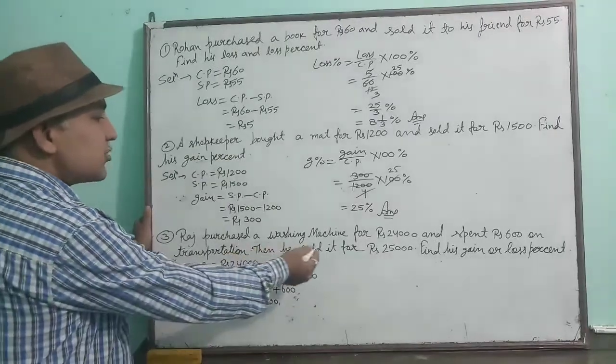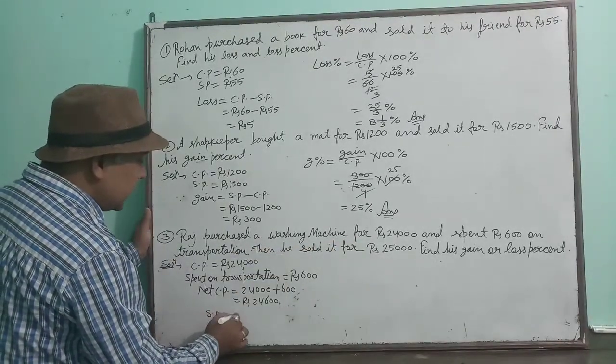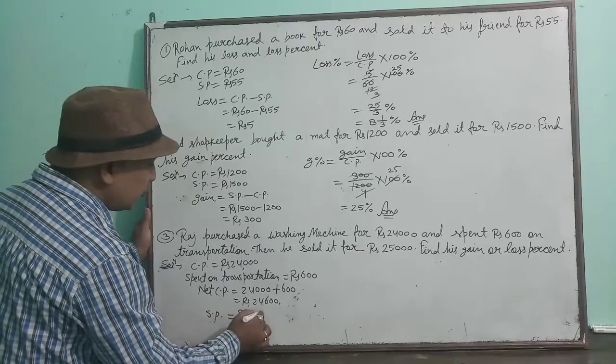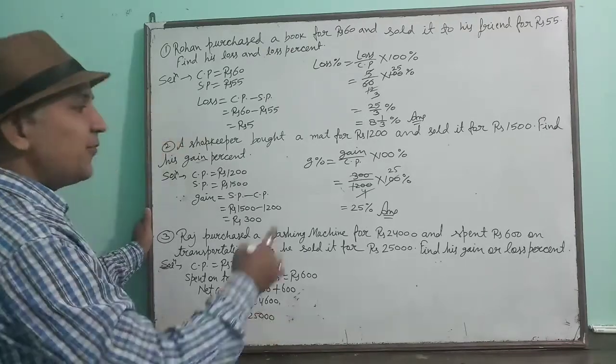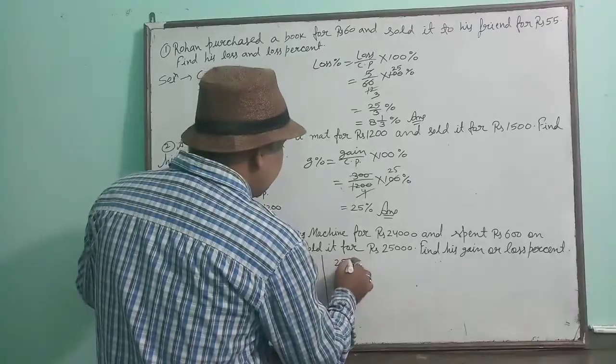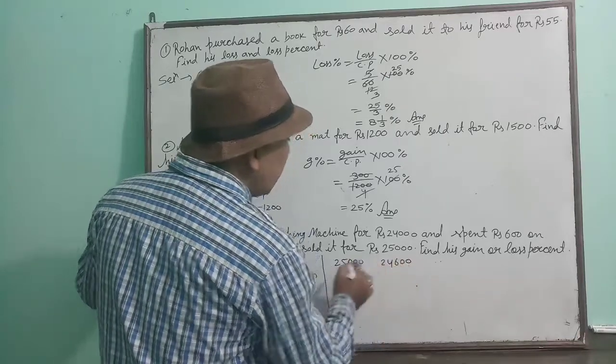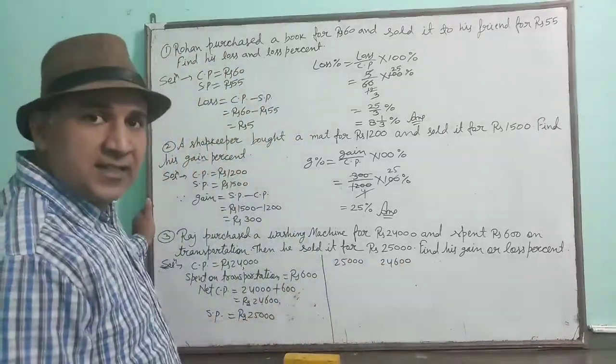And then he sold it for rupees 25,000, meaning the selling price is given as 25,000. Find his gain or loss percent. That means 25,000 is the selling price and the net cost price is 24,600.